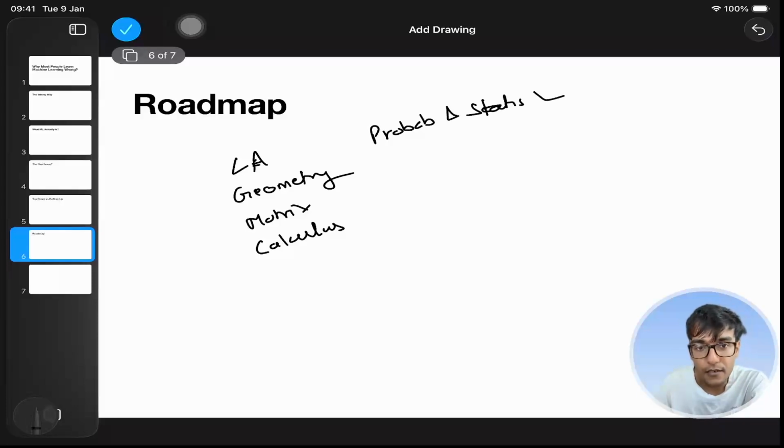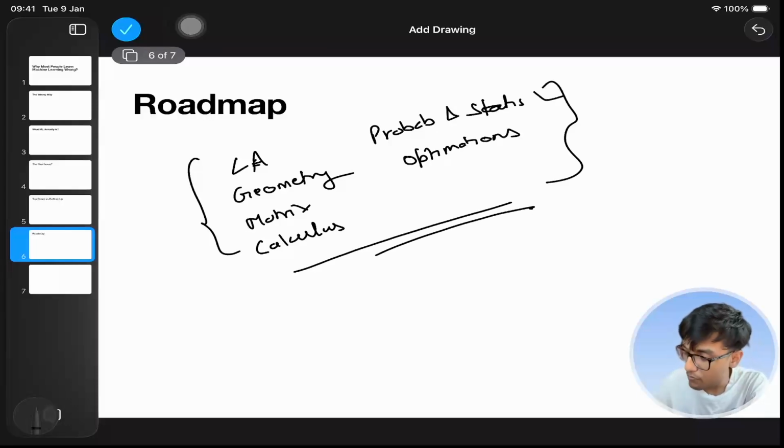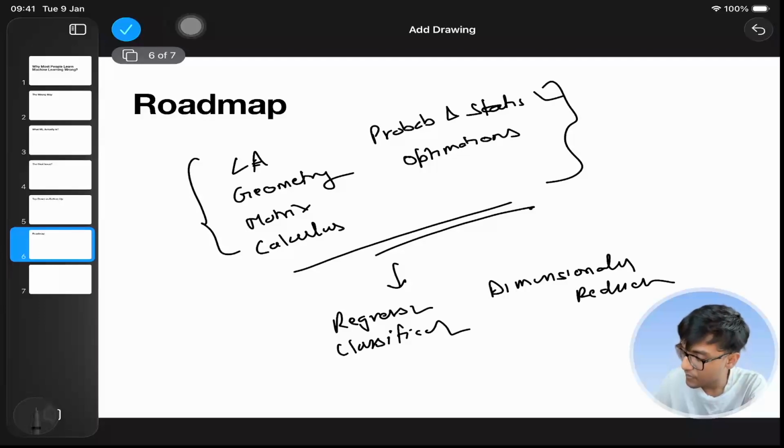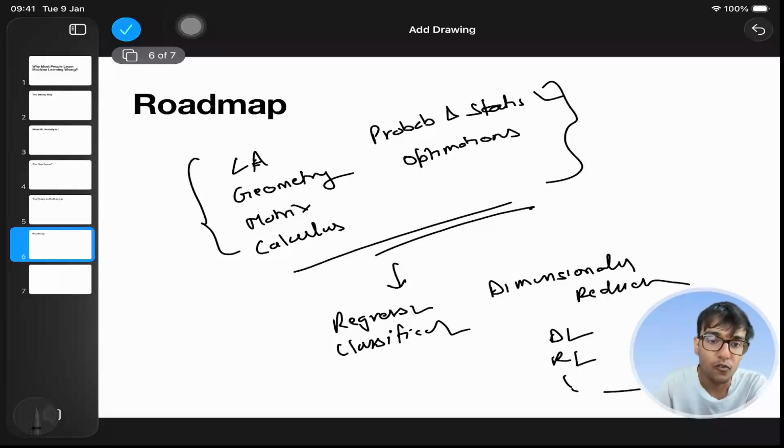Then optimizations. So these are all the math part that one must know before starting machine learning. And after you know this, you can get to regression, then classification, then dimensionality reduction, then deep learning, reinforcement learning, and so on and so forth.